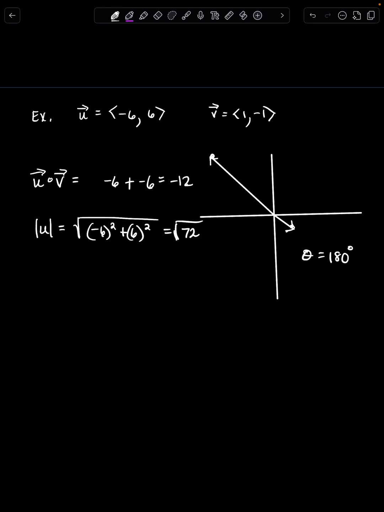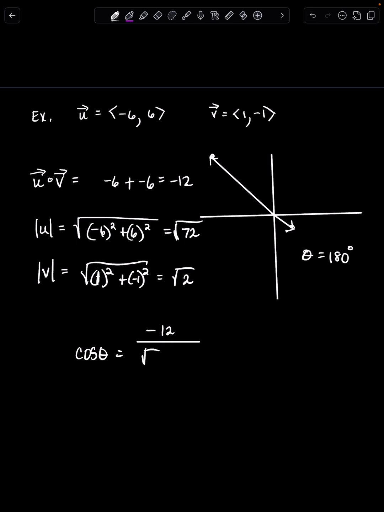V is going to be 1 squared plus negative 1 squared, which is the square root of 2. All right, so I know that cosine of theta, using that to find my theta, which I already drew and already know, is going to be the dot product, which is negative 12, over the magnitude of u times the magnitude of v.